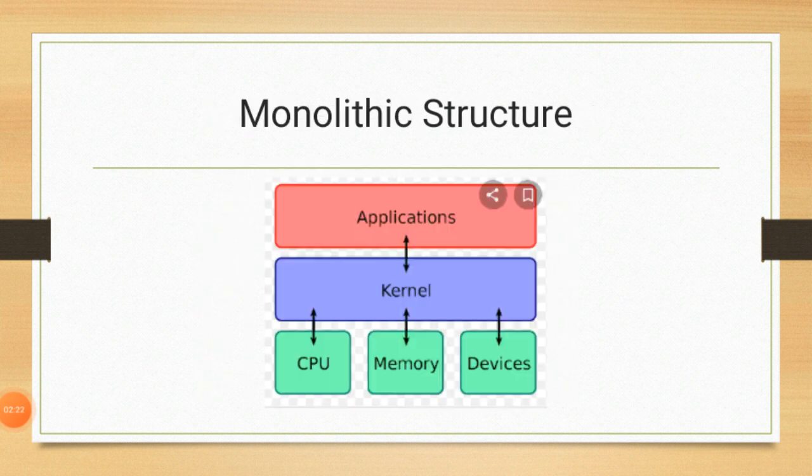We'll see the first one, that is monolithic structure. A monolithic kernel is an operating system architecture where the entire operating system works in kernel space. What is this kernel space? Again, in the second video I explained the user mode and the kernel mode.